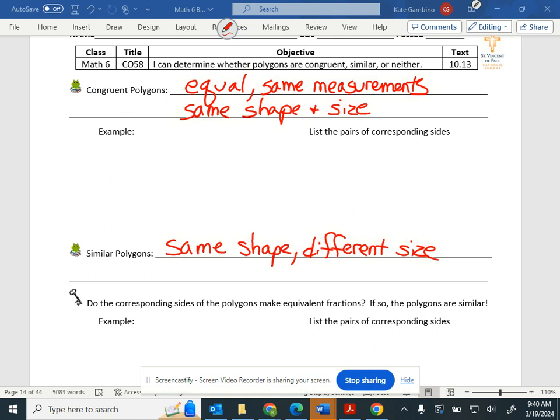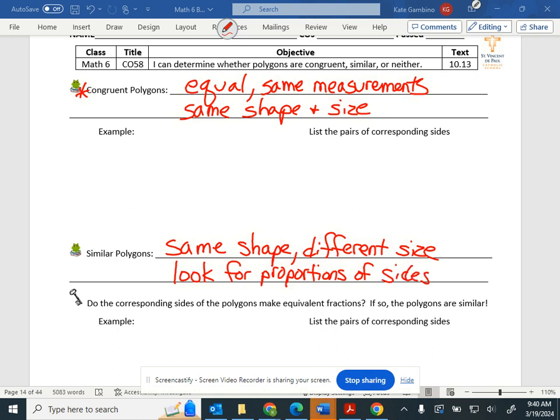So remember to find it, congruent's going to be easy. They're identical. Exact same measurements. To find the similar, look for the proportions of the sides.